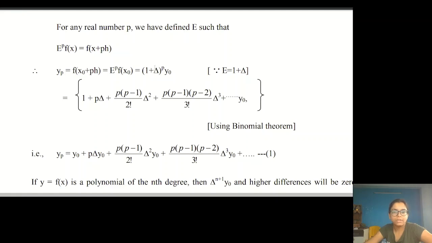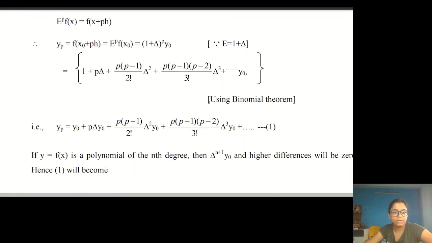If we open this through the binomial theorem, we would get an equation like 1 plus p delta plus p(p minus 1) divided by 2 factorial into the second forward difference, and that's how we would get the whole equation.